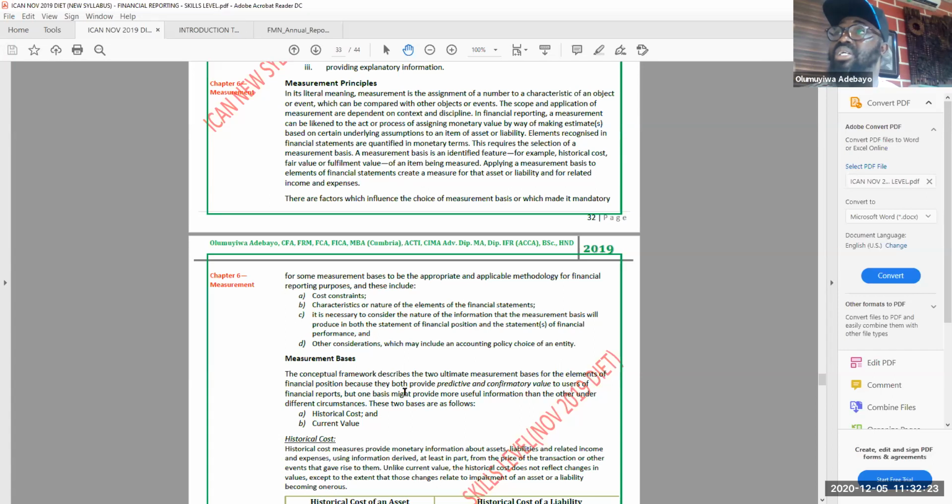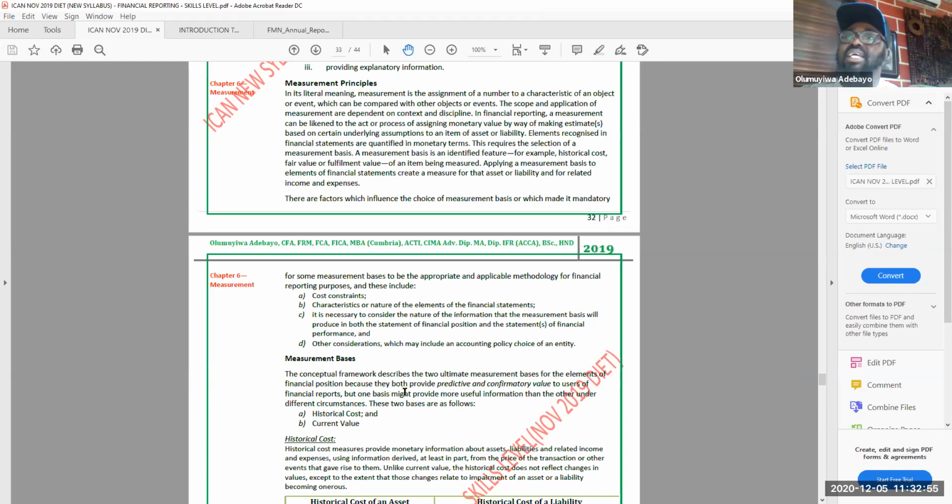What value am I going to ascribe to the assets that I'm going to bring into my books? What value am I going to ascribe to my liability that I'm recognizing in my books? What value am I going to ascribe to my equity, revenue, income, expense, etc.? And continuously at every period, when I look at my motor vehicle, what value does it carry as at today, as opposed to what it carried as at yesterday?